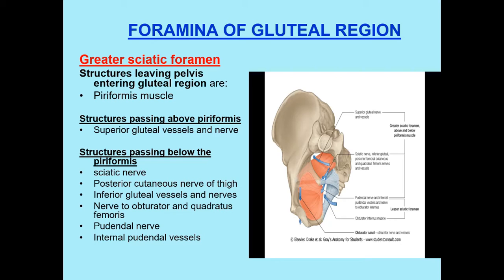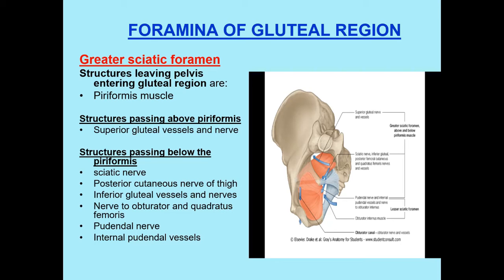Foramen of gluteal region. Greater sciatic foramen and lesser sciatic foramen. Number 1, greater sciatic foramen. Structures leaving pelvis entering the gluteal region are piriformis muscle. Structures passing above piriformis muscle are superior gluteal vessels and nerves.